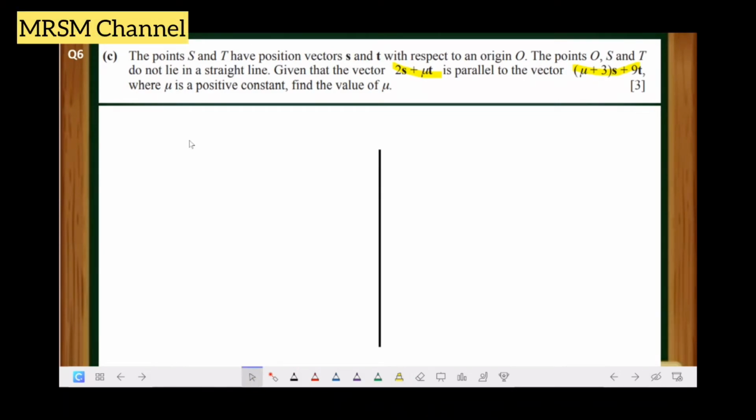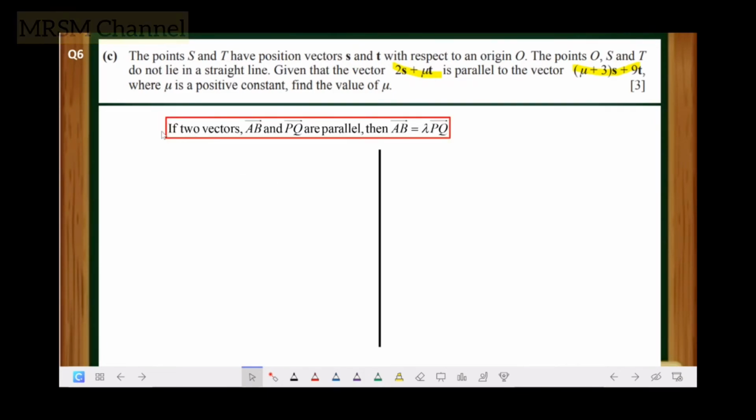Now let's look at the condition for two vectors to be parallel. If AB and PQ are parallel, we say AB is lambda PQ. If these two vectors are parallel, it means AB is lambda PQ.